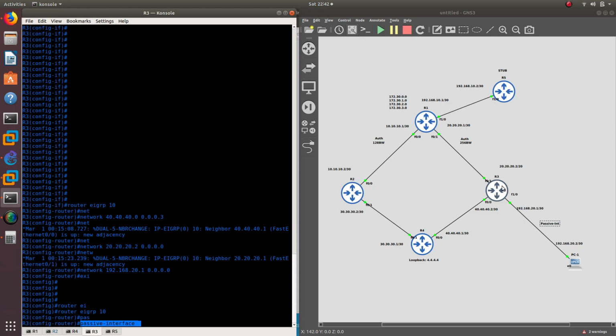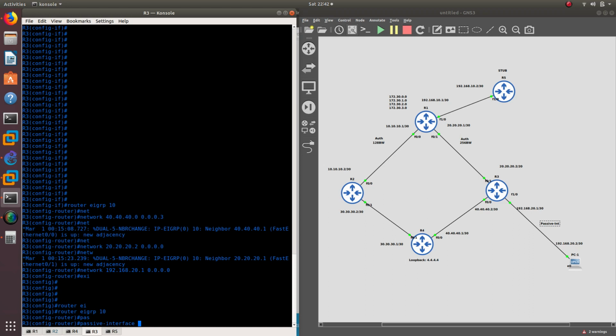If you set up FastEthernet 1/0 as a passive interface, it makes sense because what is going to be connected to that interface is a computer, and computers do not send any EIGRP packets because it is not a router. That is a security measure, because whenever you don't want a router connected to a port, you can set that port to be a passive interface. A passive interface does not send or receive any EIGRP packets.